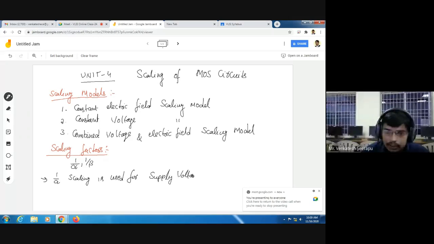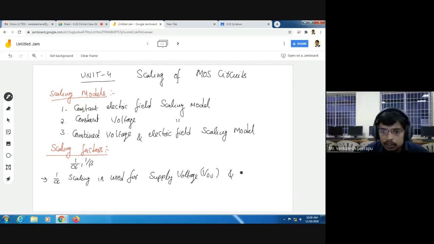For voltages, like supply voltage VDD, we use a scaling factor of 1 by alpha, and it is also used for oxide thickness, that is capital D. And 1 by beta is a scaling factor used for linear parameters like vertical and horizontal dimensions of our MOS surface.